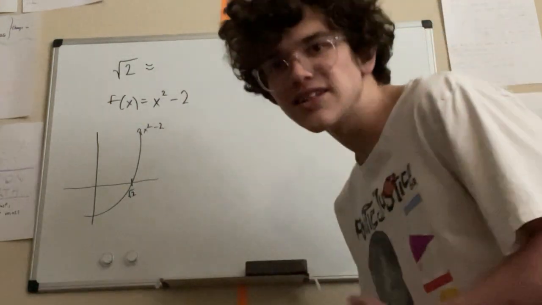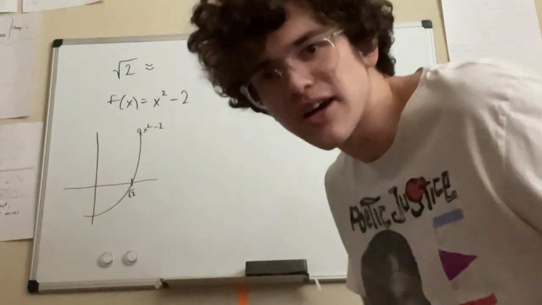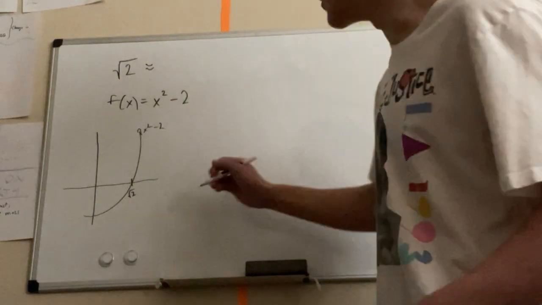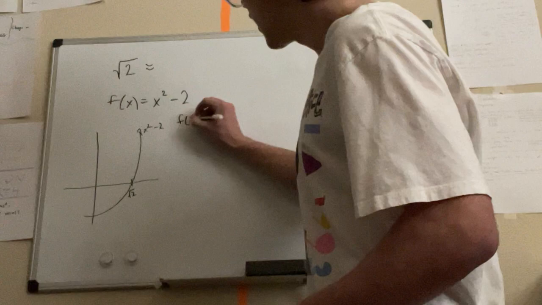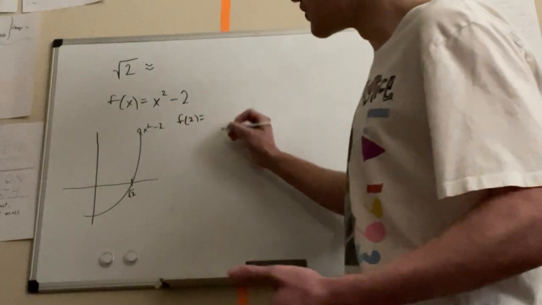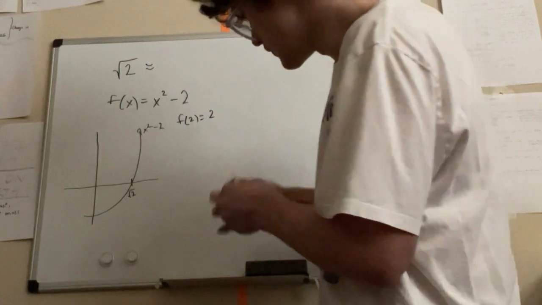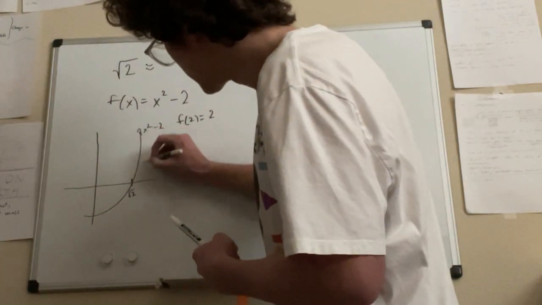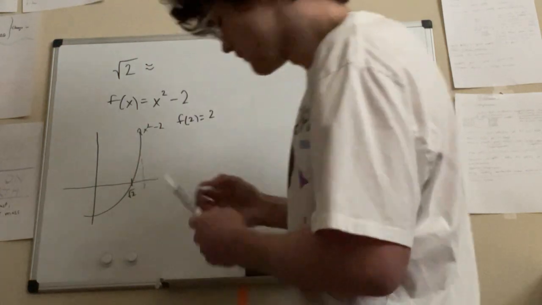So, let's just plug a random number into this function, and it could be a close estimate for square root of 2. So, let's plug in f of 2. Then that would output 2. Let's say 2 was right here, along here, and it led to 2.